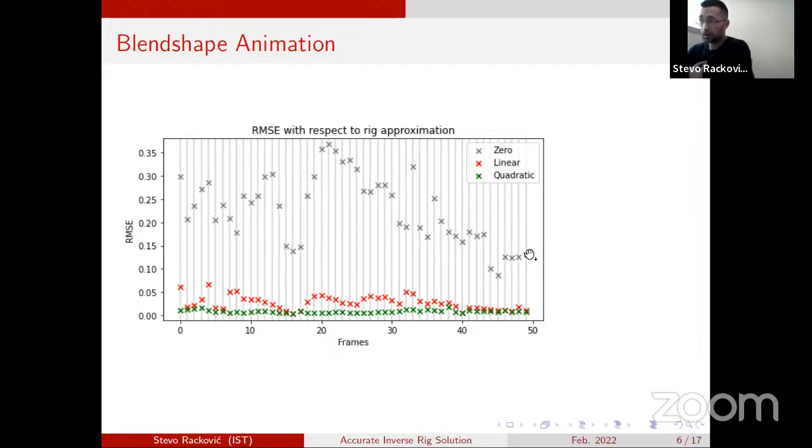So if we approximate each mesh with a neutral face, just see that these errors that the linear model produces are not negligible. And then if we include quadratic terms, we see that this is reduced almost to zero, which is good enough precision that we can work with, and we don't want to include much more complexity in the model.